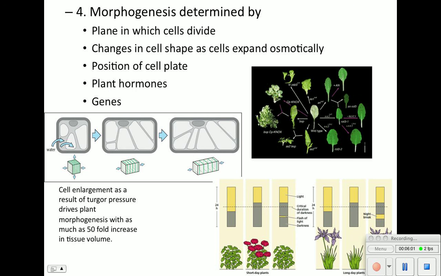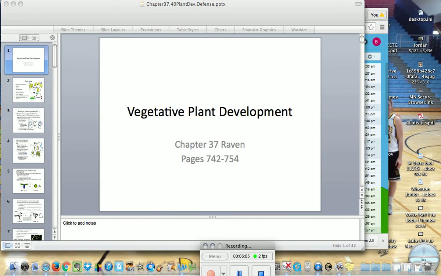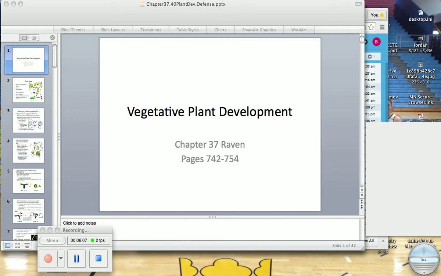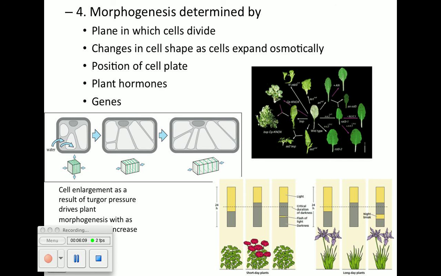Okay, I wanted to show you, I have to slide this over on this side. Even amounts of light can affect how a plant is going to develop. Is it going to flower? This diagram is depicting a 24-hour day, and obviously yellow is light and then dark.